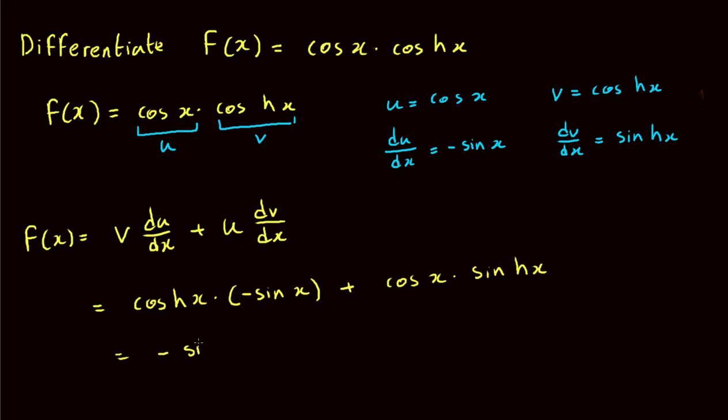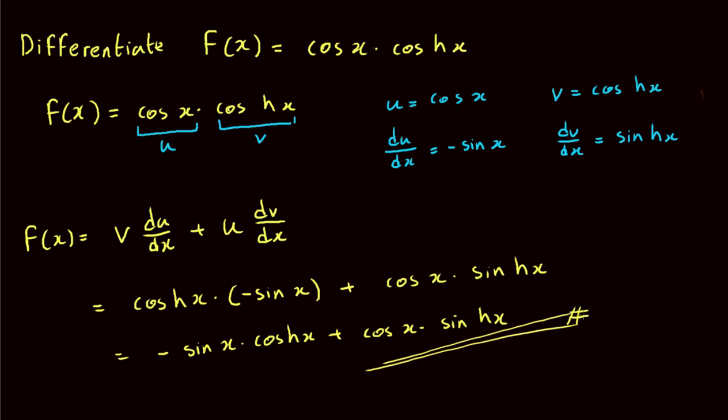So it becomes negative sine x times cosine hyperbolic x plus cosine x times sine hyperbolic x. Okay, that's basically it. Again, a fairly straightforward problem, it's not too bad. Let's go for another one.